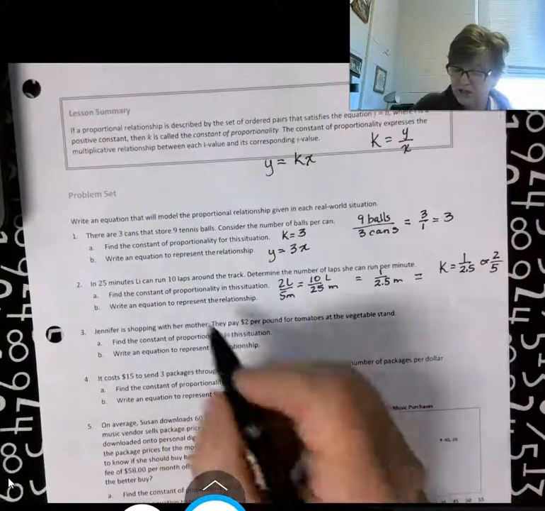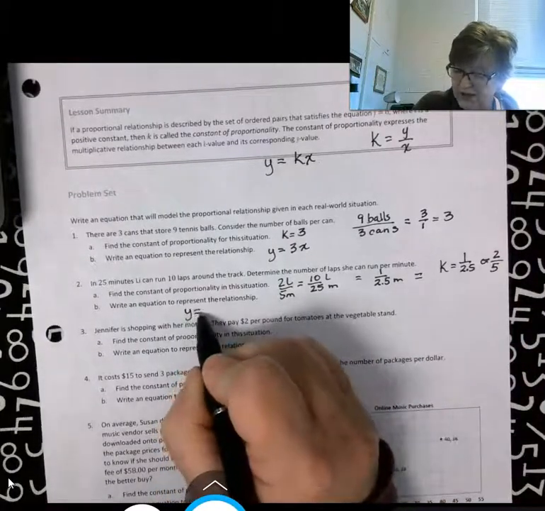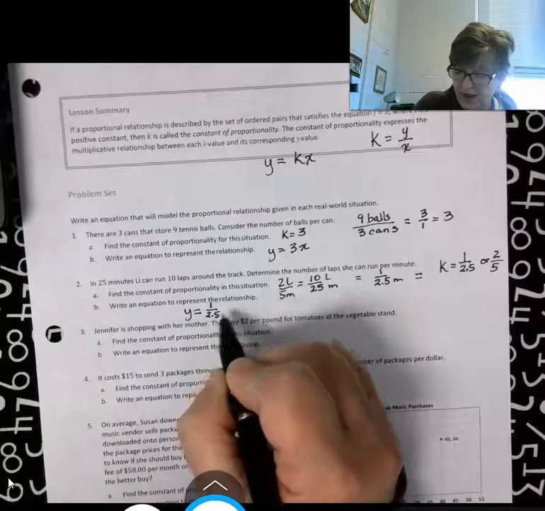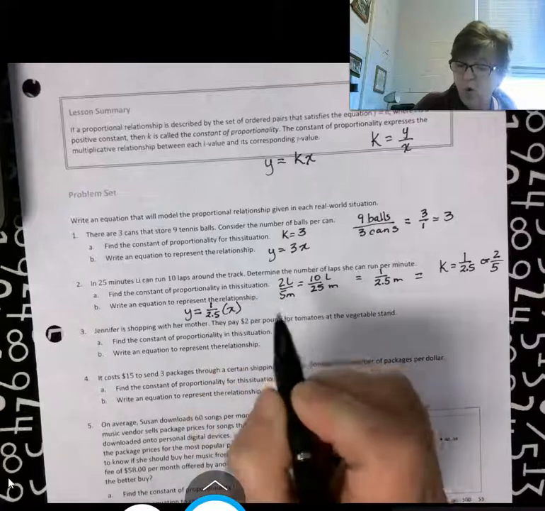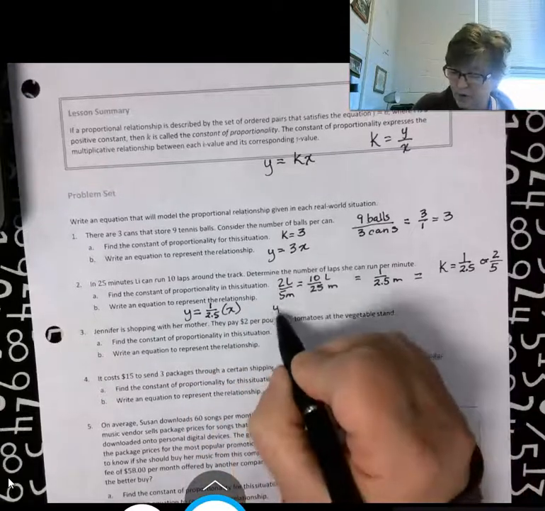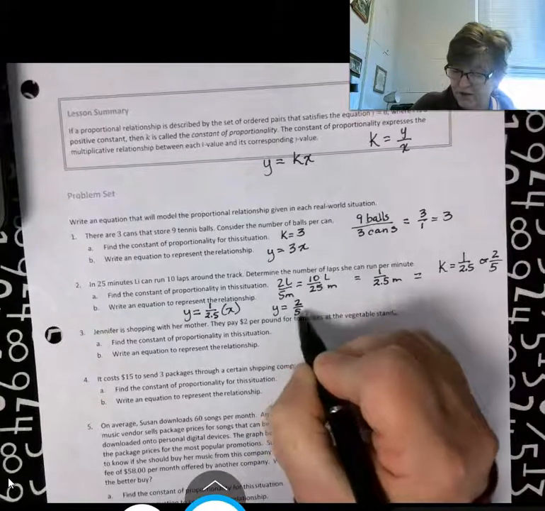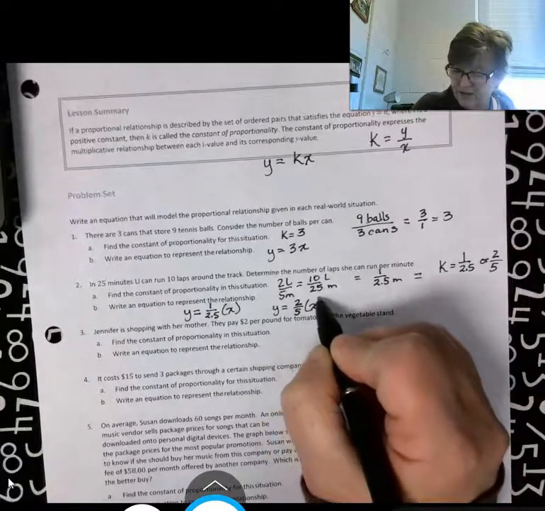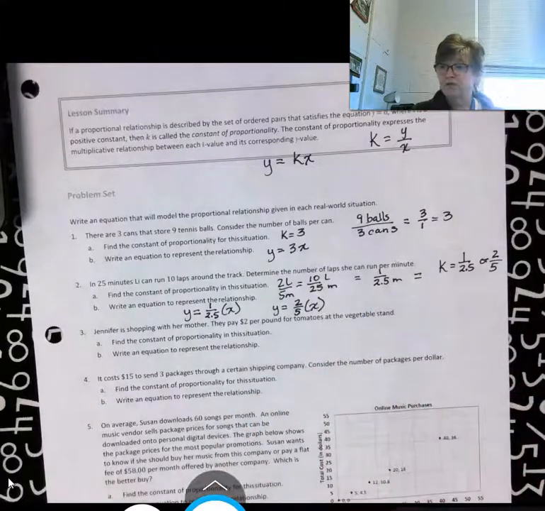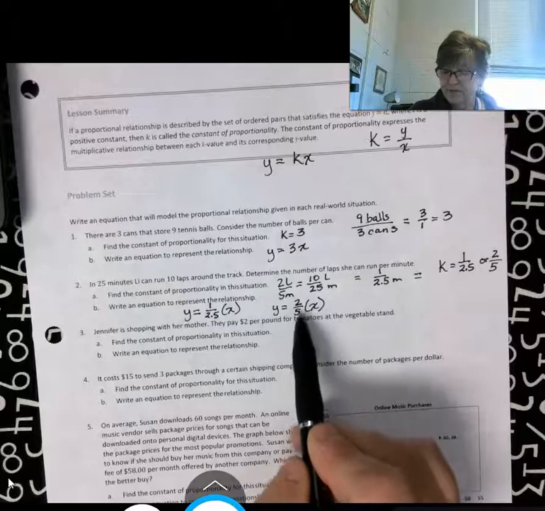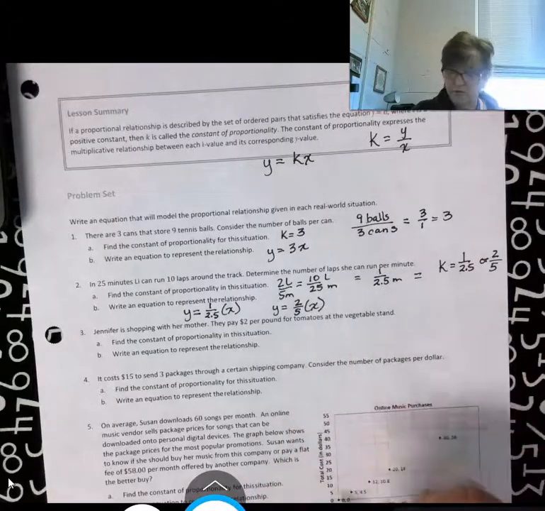So my equation would be y is equal to 1 over 2.5 times x, or y is equal to 2/5 times x. And again, both of those are totally accurate, because if I were to simplify this, it would be 1 over 2.5.